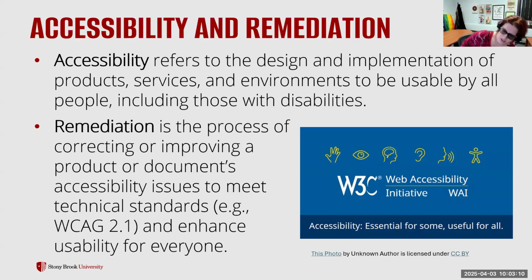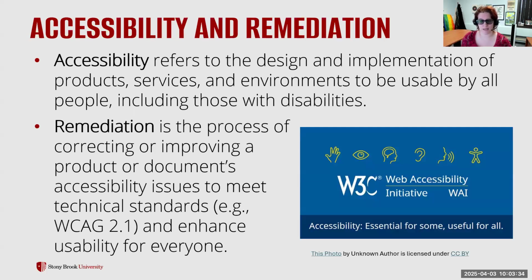When we talk about remediation, which is going to be a word I use a lot probably, it's the process of correcting or improving a product or document's accessibility issues to meet technical standards. A great example of this is what's called the WCAG 2.1 or the Web Content Accessibility Guidelines.